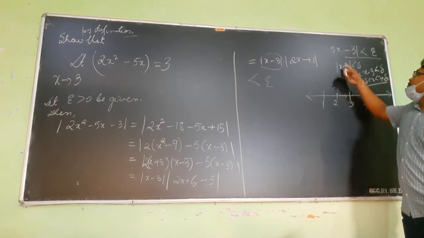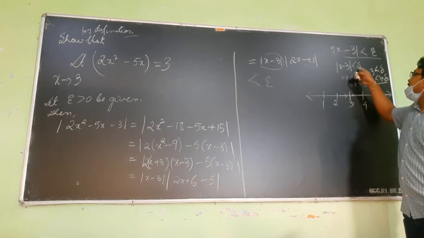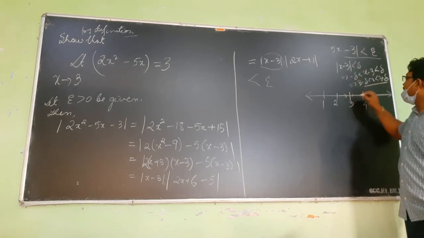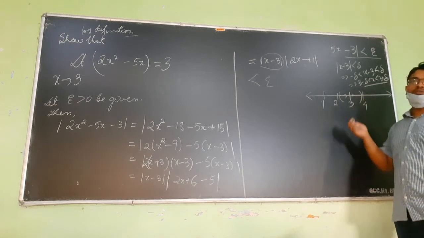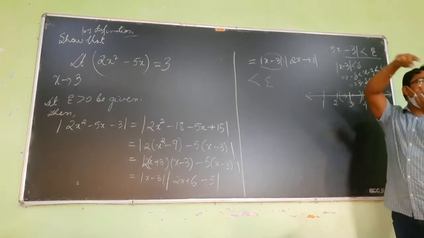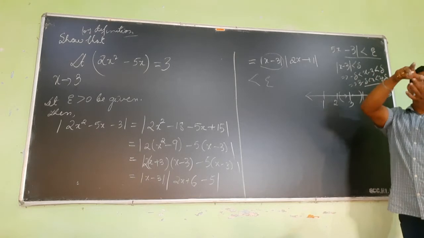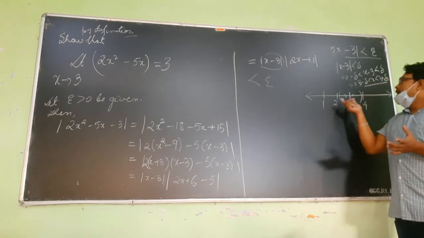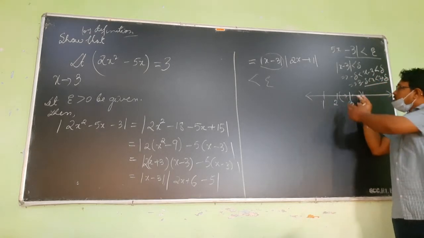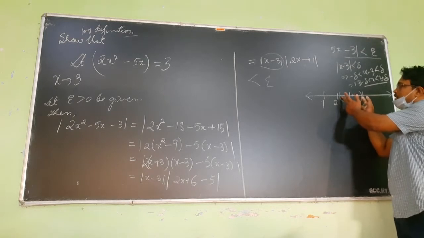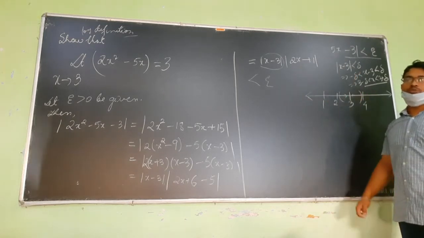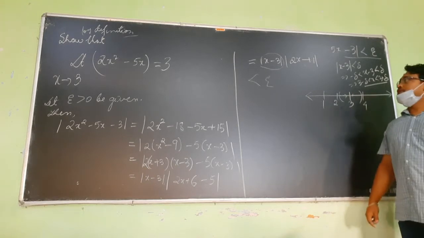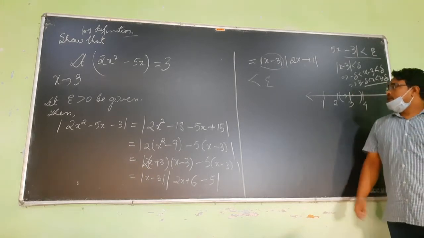So making mod of x minus 3 less than delta is equivalent to saying that we are finding a neighborhood of 3, which means a region or area. We have to find an area around this 3 inside which this difference is less than epsilon. The limit concept is exactly this.